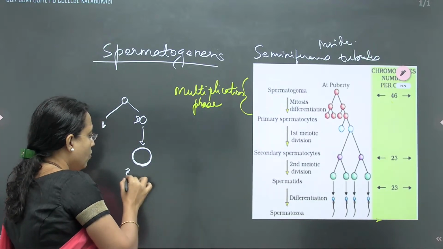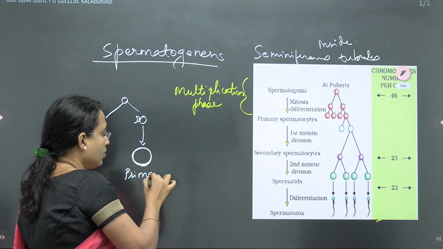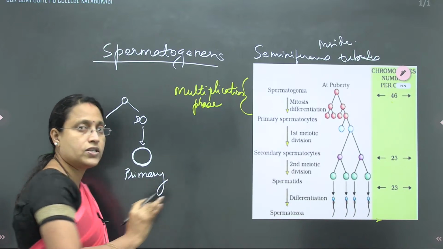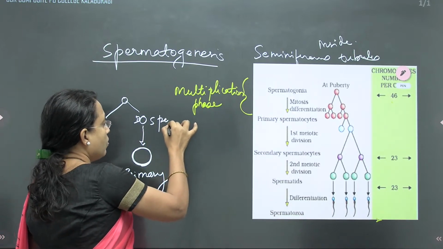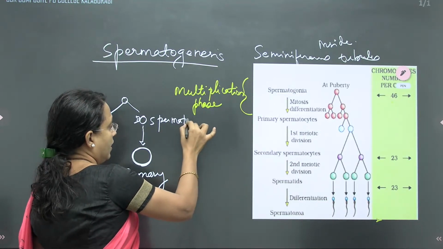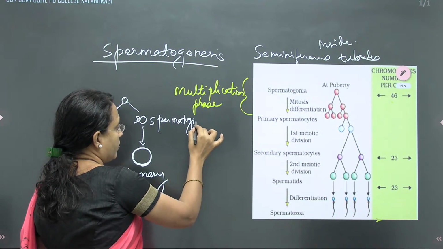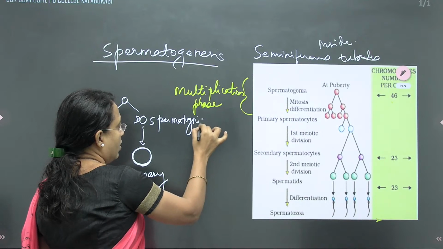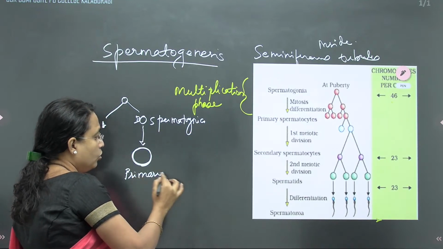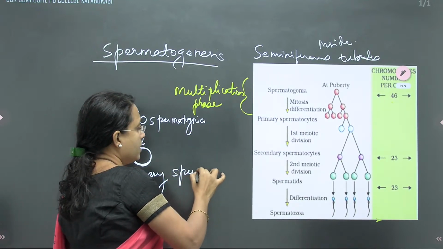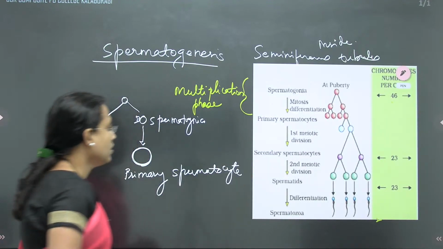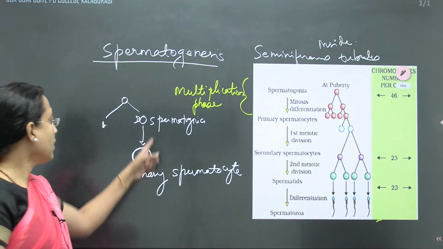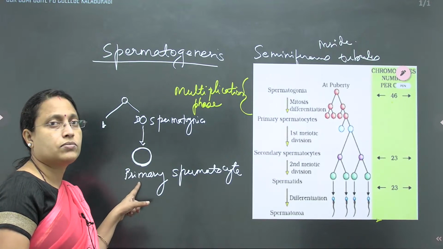And therefore, what is the cell formed after the growth? Only growth is occurring, no division. That means spermatogonium B is undergoing growth to form the primary spermatocyte.